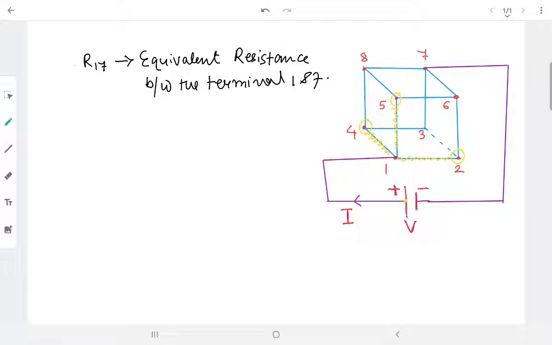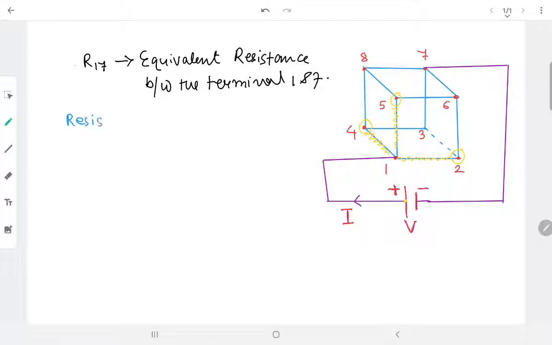Okay. And the question in your exam can be that they give you the resistance of each edge. Right now we assume that the resistance of each edge is R ohm.